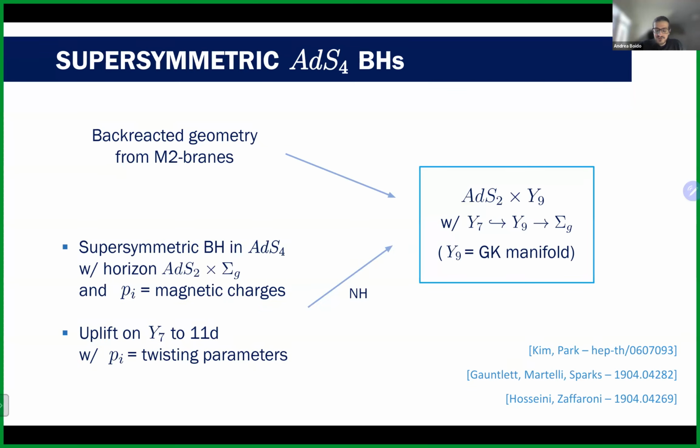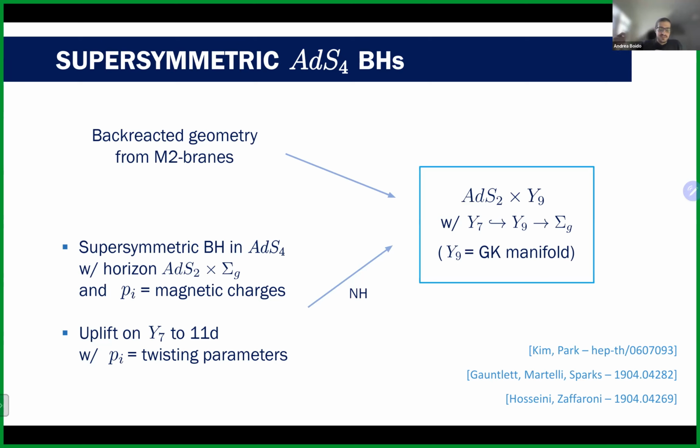This geometry is also the near horizon limit of some black holes in the following sense. You can consider some supersymmetric black holes in AdS4, and in particular we want to consider black holes which have as horizon AdS2 cross Riemann surface. We also want these black holes to be magnetically charged, with these p_i, which are the magnetic charges.